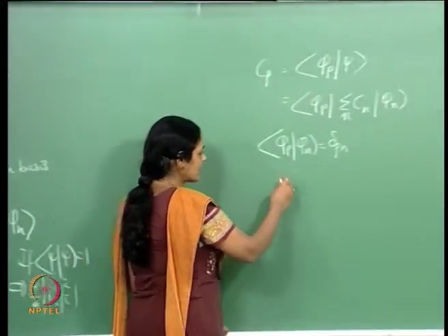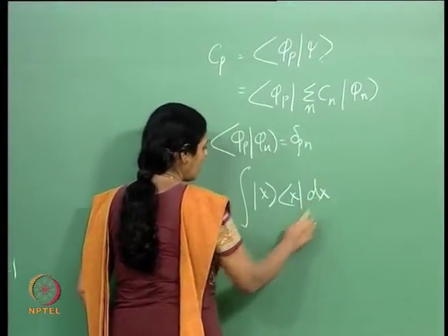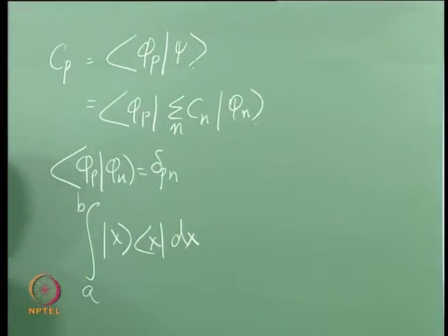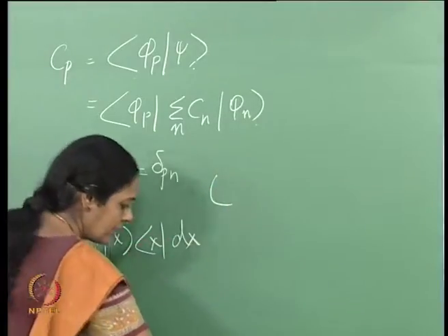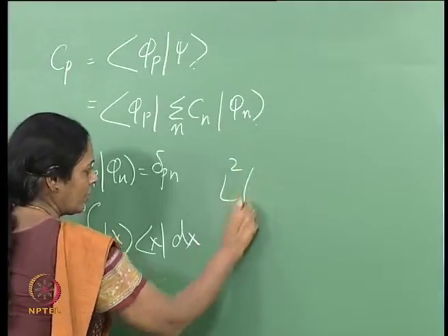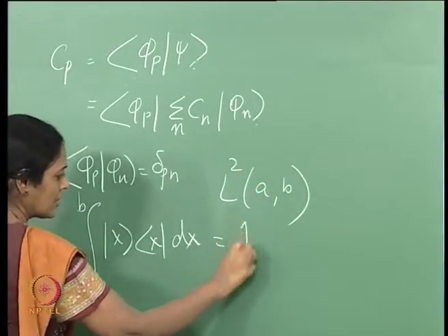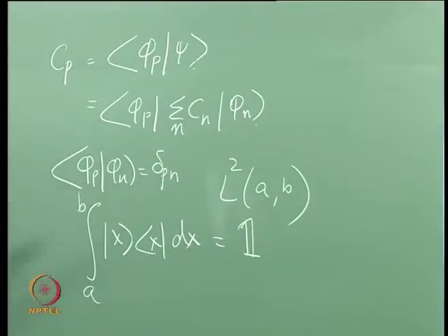And because the basis is a complete basis and a continuous basis, we have this over the range AB. Remember, we are talking of L2 in the range AB, and therefore this is the identity operator. Can always introduce it wherever I want. In that sense, I did this.